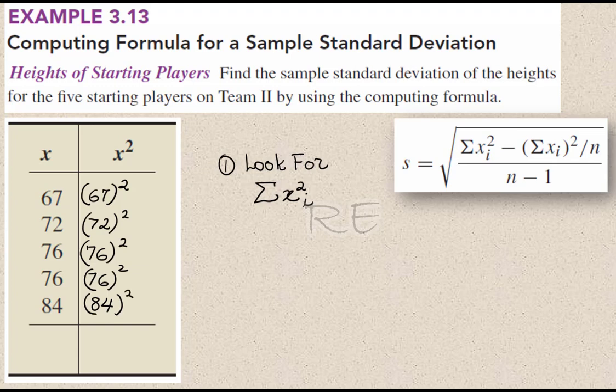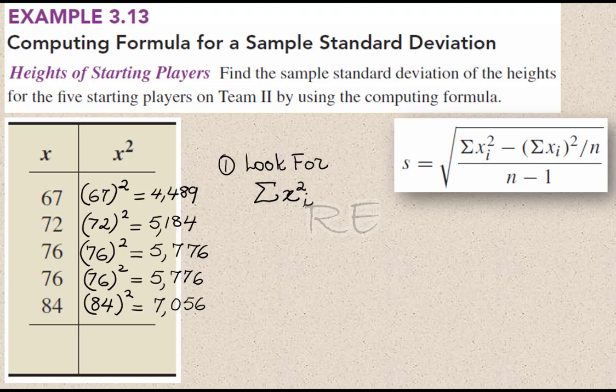And these are the different answers that we get using a TI-84 calculator. Now the sum is equal to 28,281.